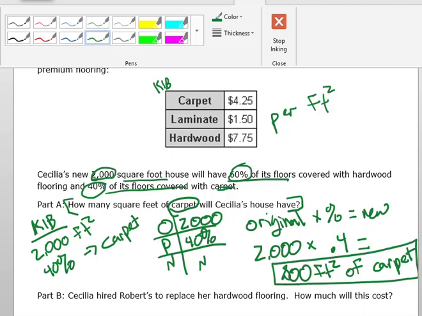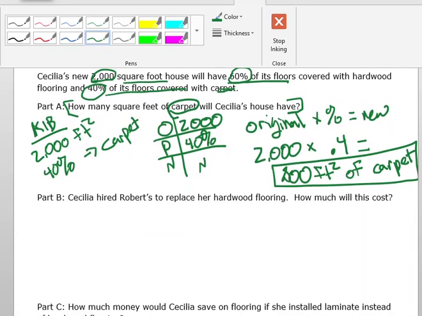Part B, Cecilia hired Roberts to replace her hardwood flooring. How much will this cost? Okay, so here I know that the hardwood floor, from way up here, is 60% of her house.